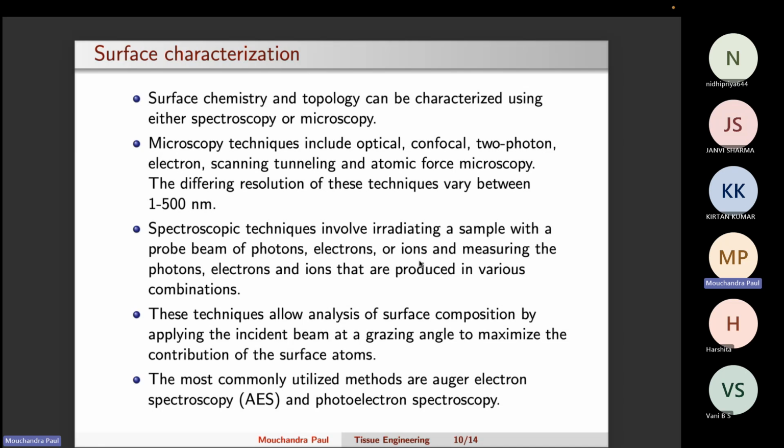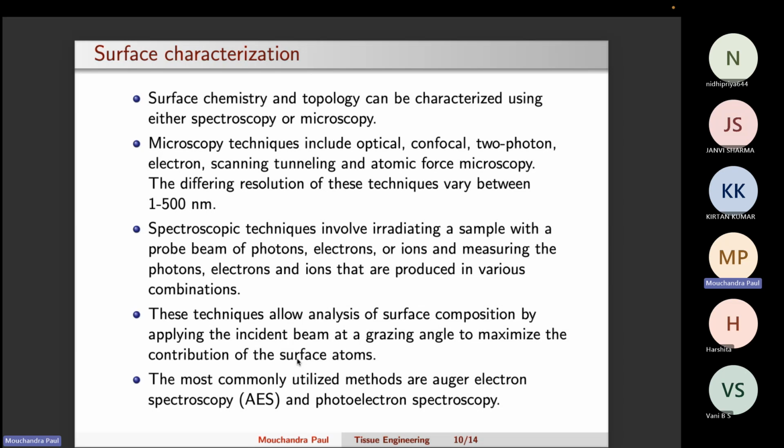A few examples are auger electron spectroscopy and photoelectron spectroscopy. These techniques allow you to understand the surface composition, meaning what functional groups etc. are present, by applying an incident beam at different angles basically, so that you can cover as much surface as possible and understand what all atoms are there.